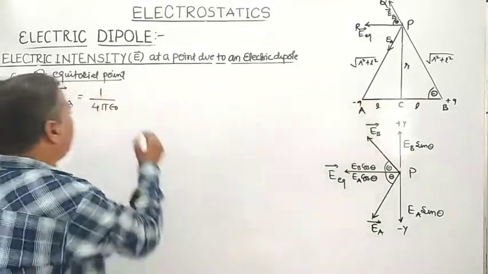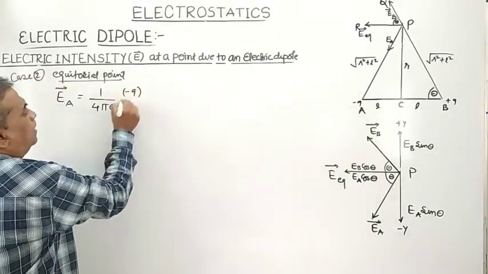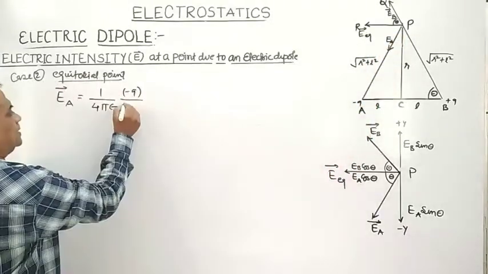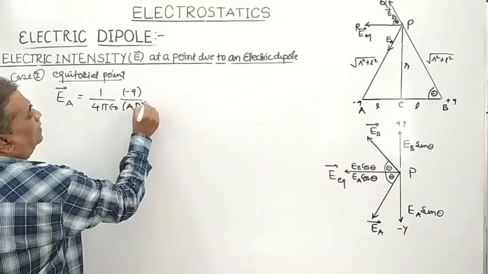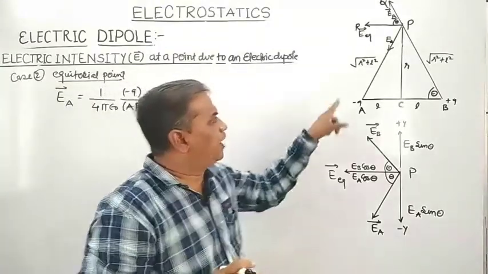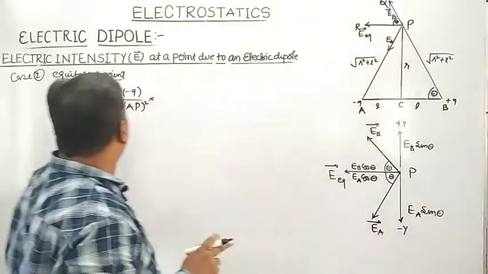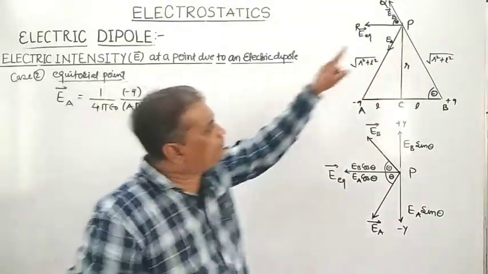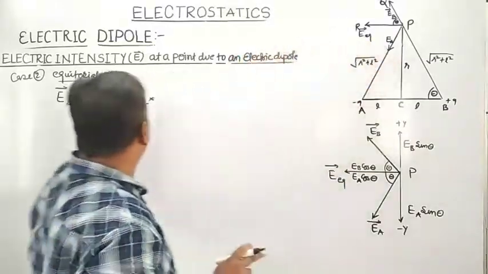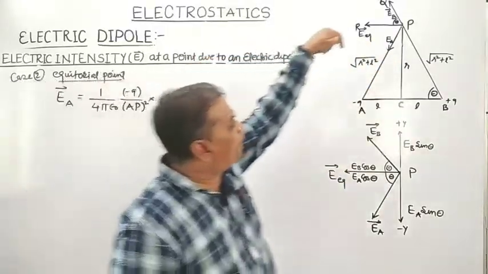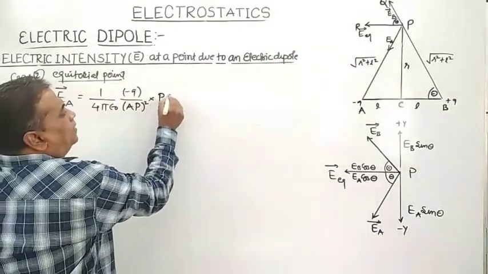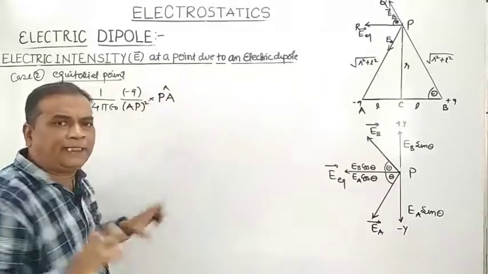Charge at point A is minus q upon the distance between points P and A, AP square, into, here be careful, because we are calculating the electric intensity at point P due to the negative charge, it means that the electric intensity EA must be pointing towards point A, so it must be multiplied by a unit vector PA cap.